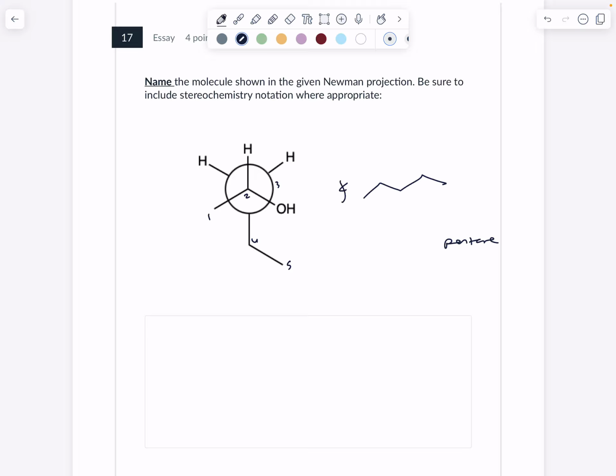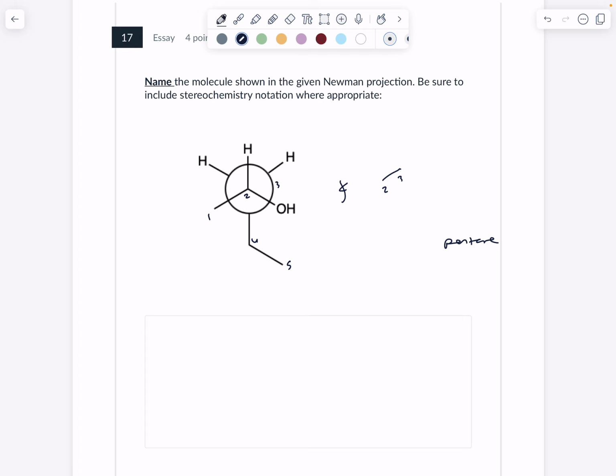So I'm actually going to change how I drew this a little bit. We're going from carbon 2 to carbon 3. So carbon 2, 3, 4, 5. 4, 5 sticks down. So we'll go from carbon 2 to carbon 3. I'm going to try to draw it exactly how I see it.